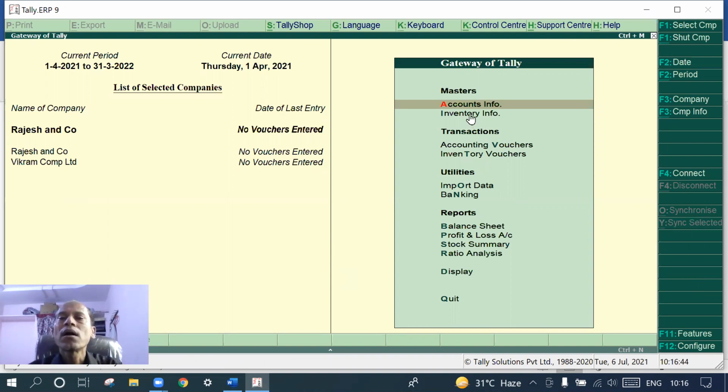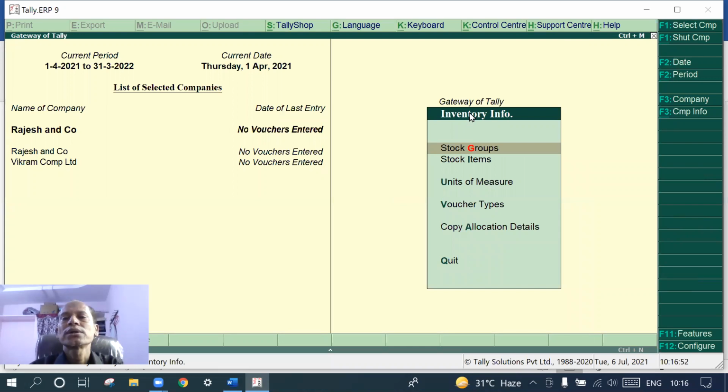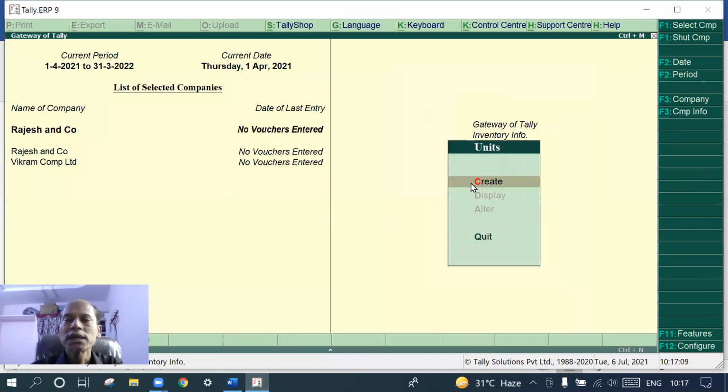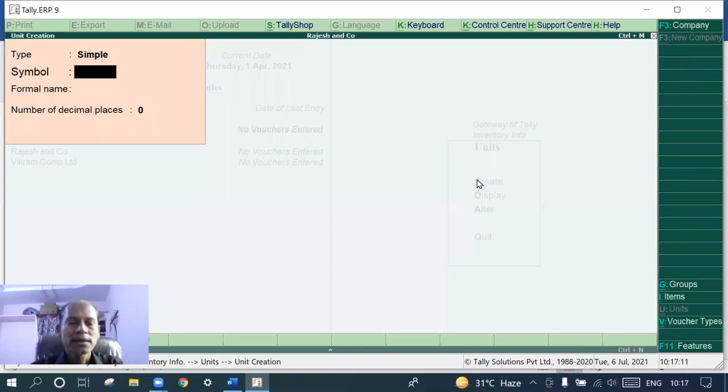Now for the stock item creation, we have to go into Inventory Information. This is inventory. In this, first units of measure, then stock items. So how do we count computers? In numbers. So units of measure should be numbers. So units of measure, create numbers.